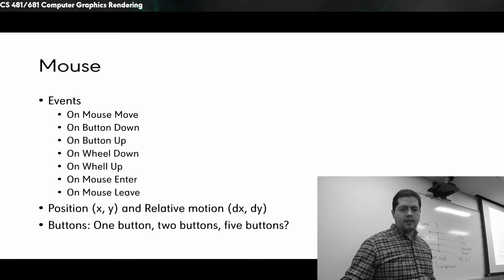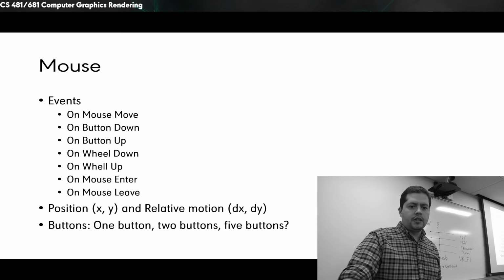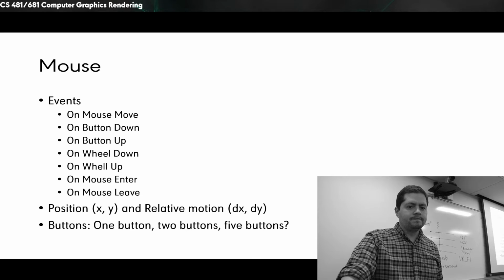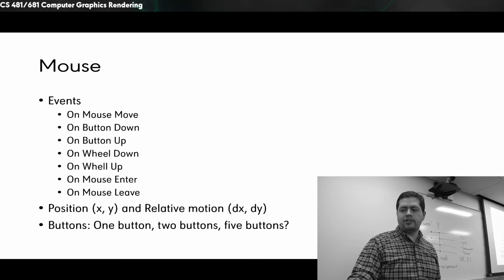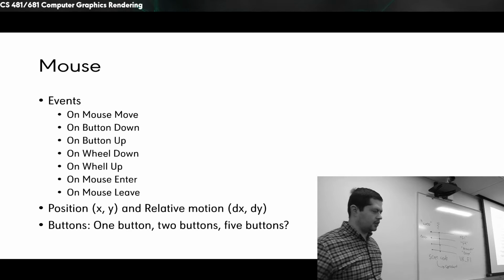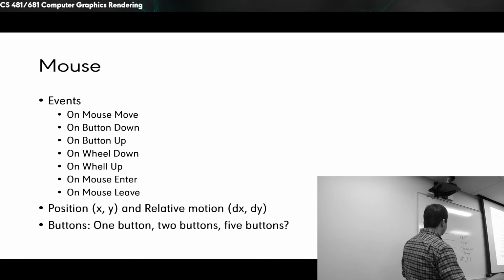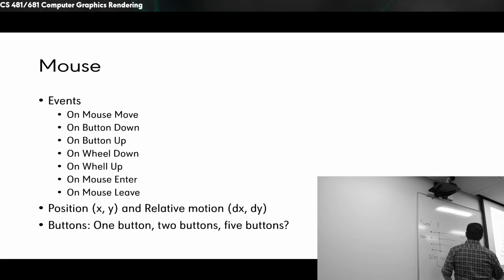Okay. So if you think about it, the mouse is a little bit more complicated than the keyboard, because for the keyboard normally you set yourself up an array or a map. You can set up a map. So one way of thinking about that, I'll just use C++.